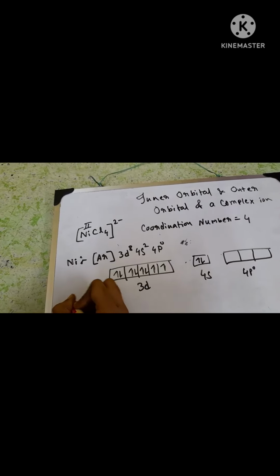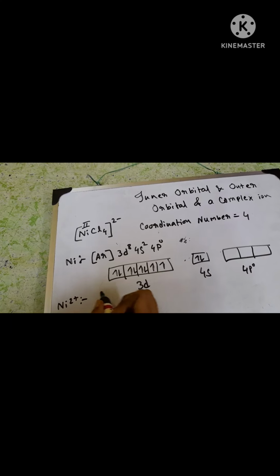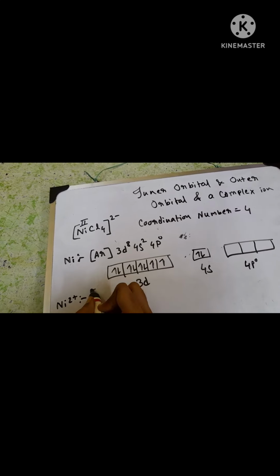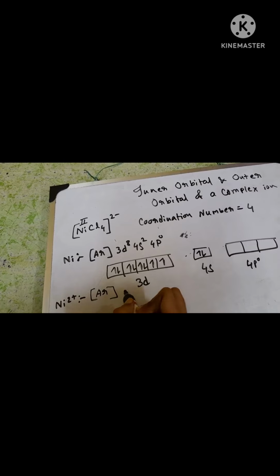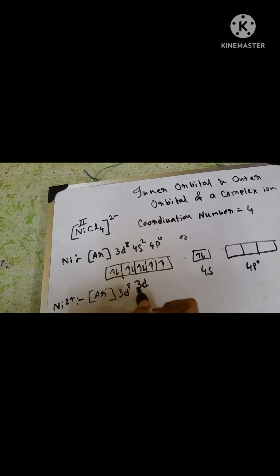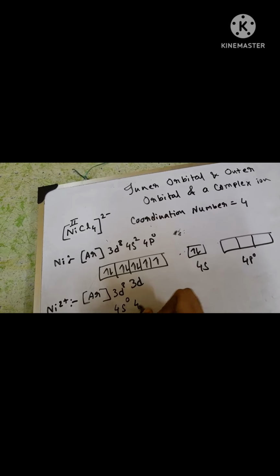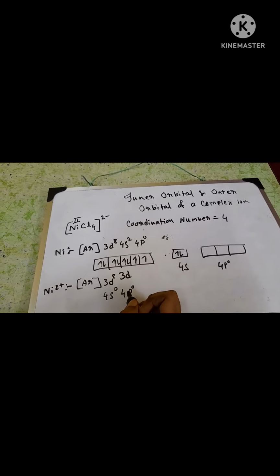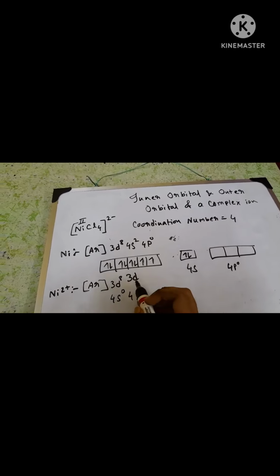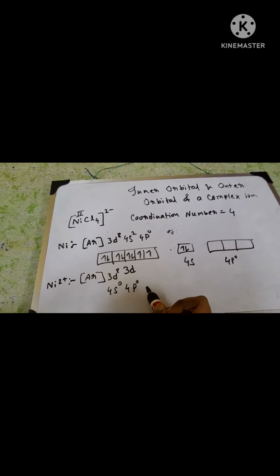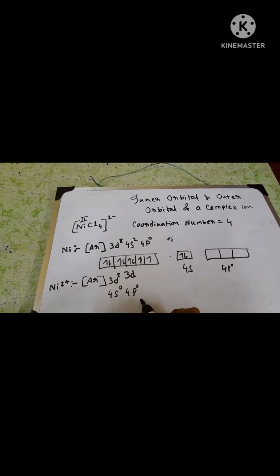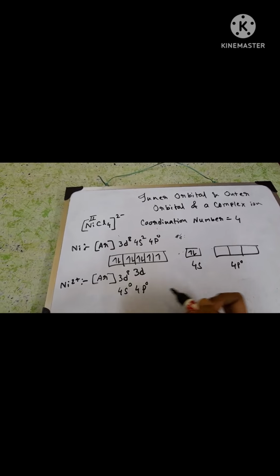Now Ni2 plus, after losing 2 electrons, has this configuration. There is not enough space on this board, so I am writing here. If you are not able to understand properly, then I will try to do better next time.